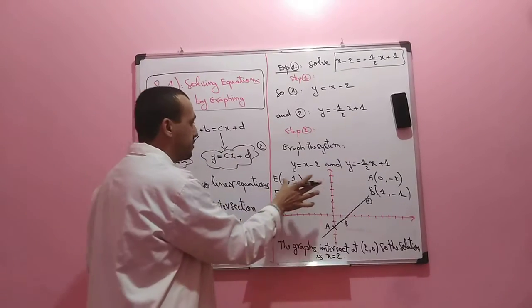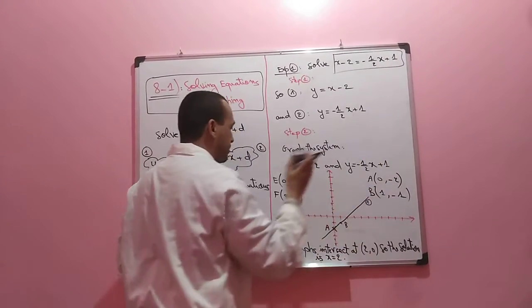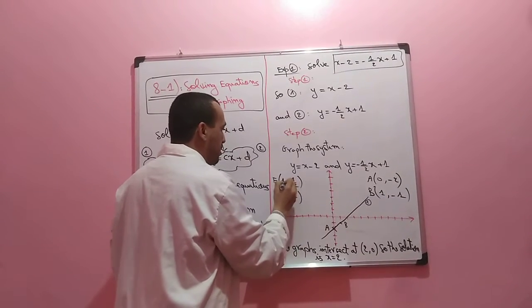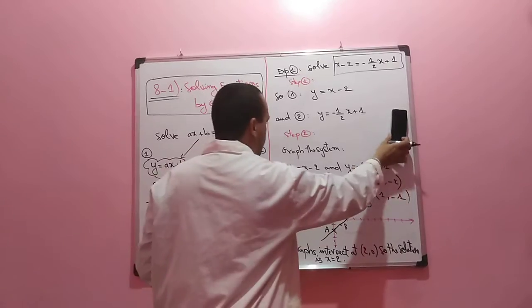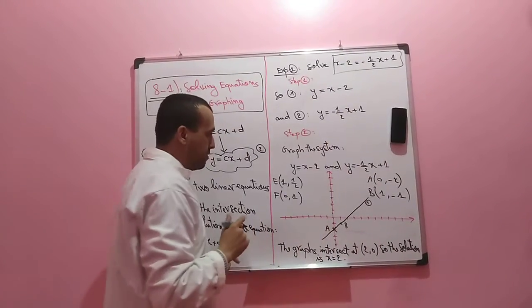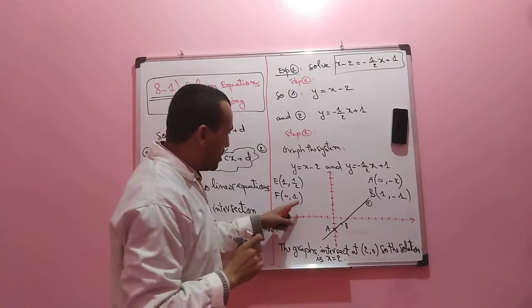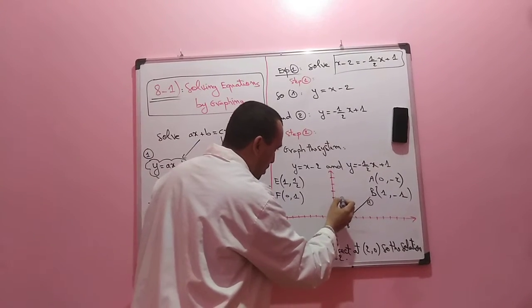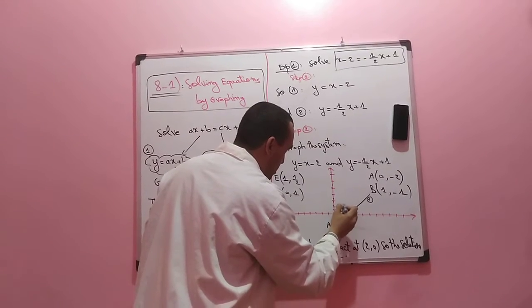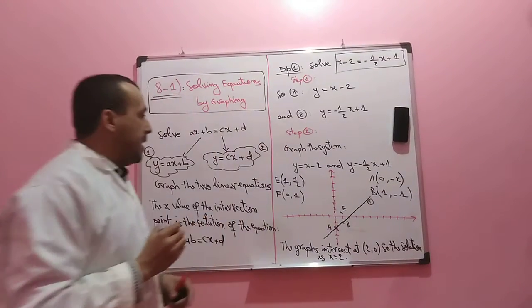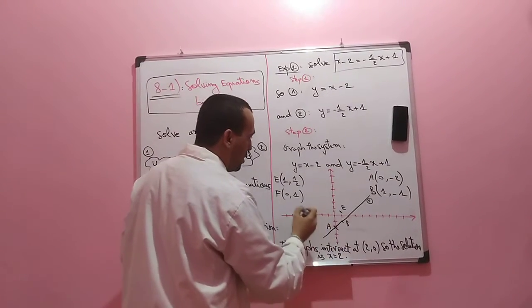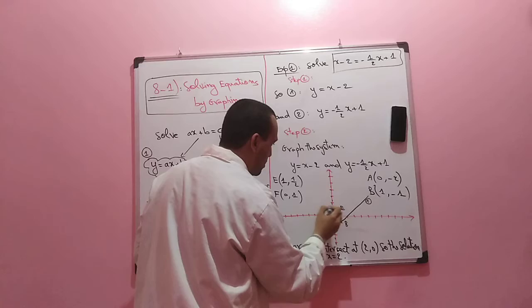So E is x equals 1 with y equal to 1 over 2, this point. This is E. And x equals 0 with y equals 1 is this point. This is F.